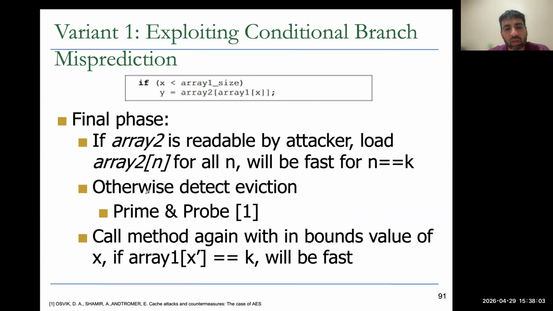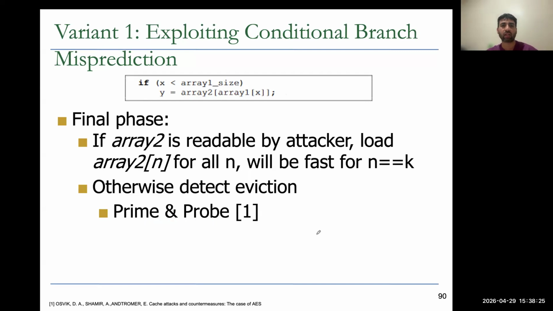Other operations or other mechanisms are also possible to exfiltrate the private information, for example, using prime and probe, or by using eviction, which we have not covered here. We just assume that the attacker was able to flush this out, and array 2 also.